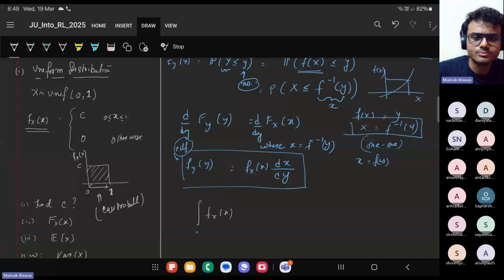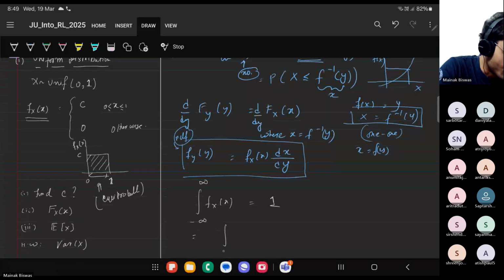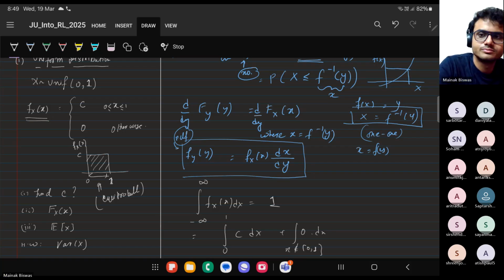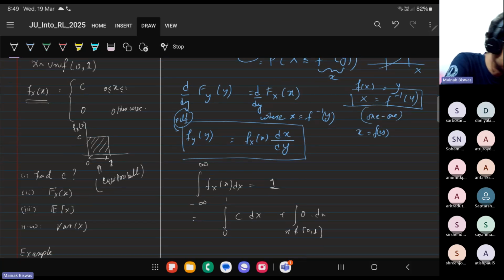That's what you're trying to do. Fine. Which can be written as the integral between 0 and 1 of c dx plus the integral of 0 dx for x not between 0 and 1. Yes or no? By this density function that I have defined.